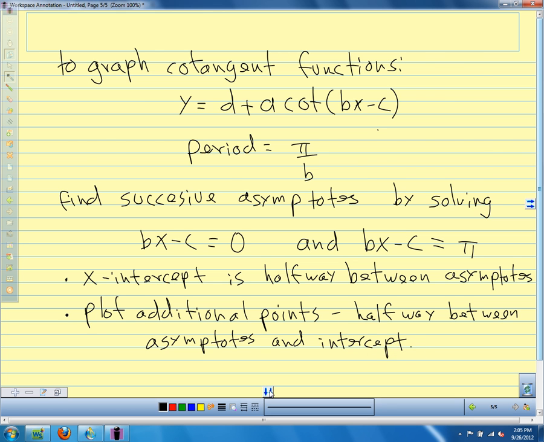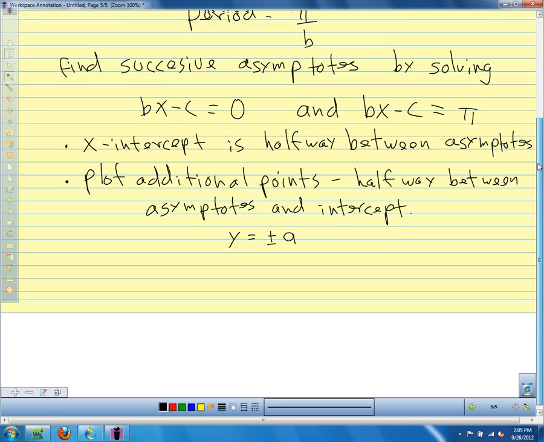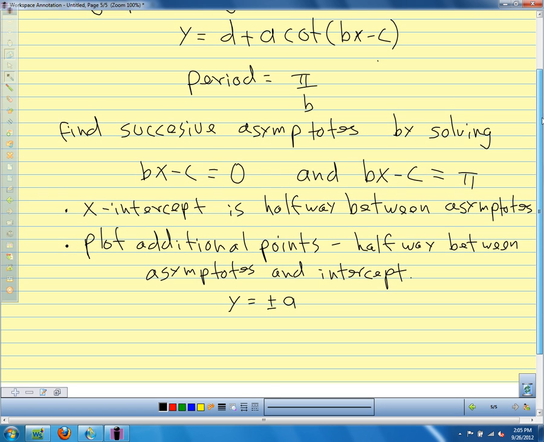And at those 2 additional points, we're going to have y equals plus or minus a again. And that will complete our graph.